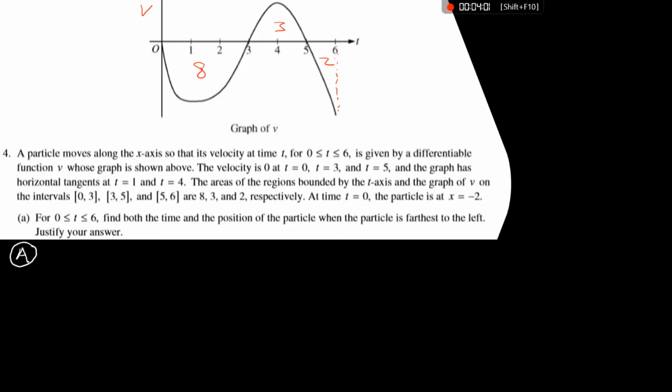However, we can see with the areas that our integral from 0 to 3 is going to bring us down by 8 units. We'll only come back by 3 and then go to the left again by 2. So we should be the furthest to the left from our start point once we've finished going as left as we possibly can.